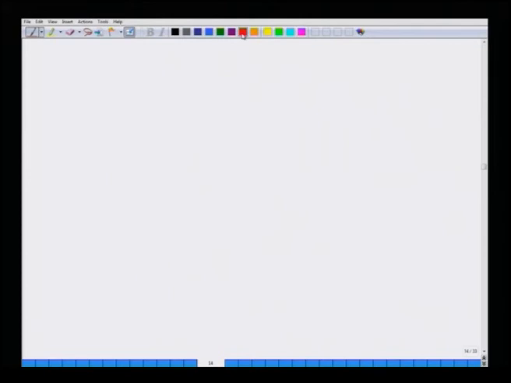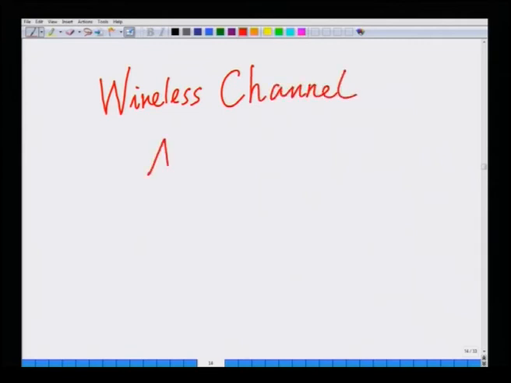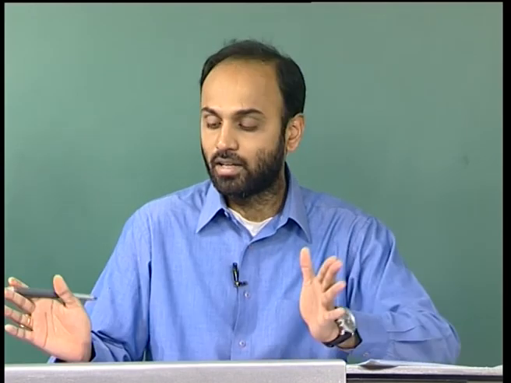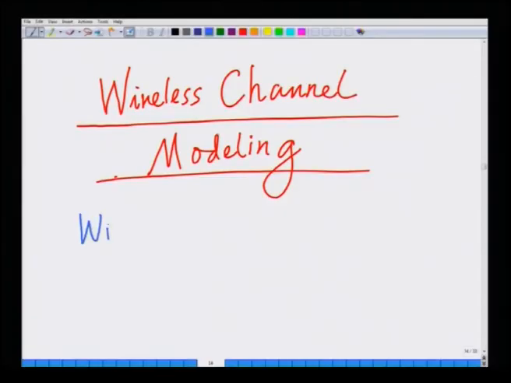So, the next module we want to talk about is essentially wireless channel modeling. This is the next topic that we want to talk about, and we know already from our basic knowledge of RF propagation that the wireless signal strength decreases with increasing distance.